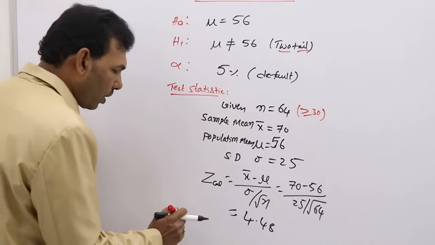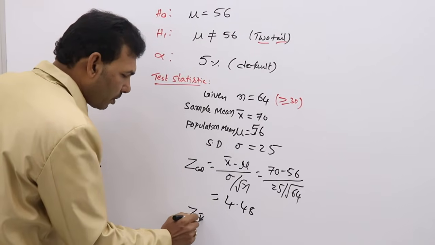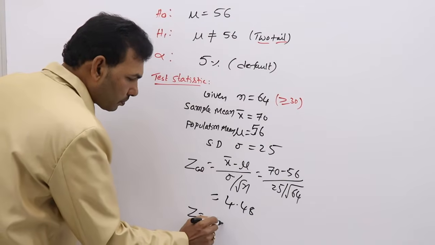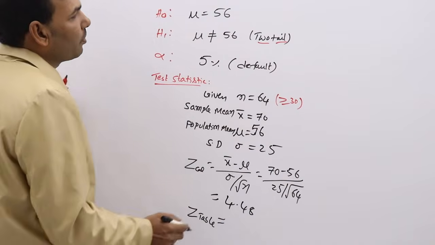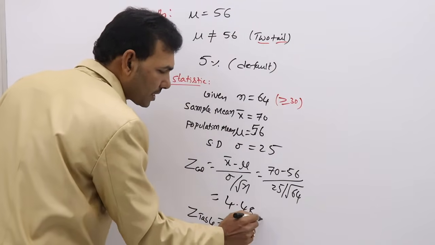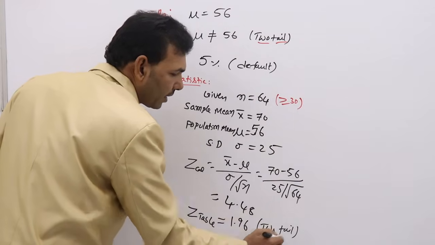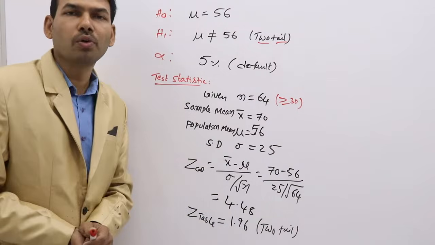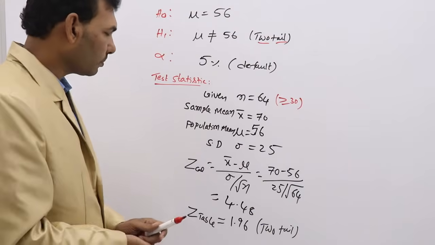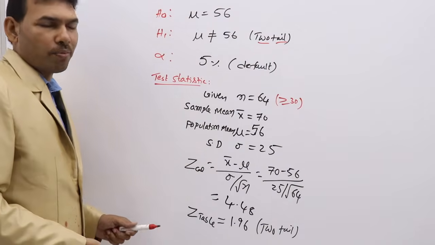Now what is the table value? Table value Z table. Z table for 2 tile 5% is 1.96. If it is 1 tile, we take double, 2 alpha. Z table 1.96, Z calculated 4.48.